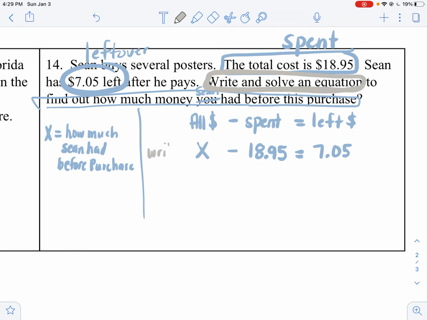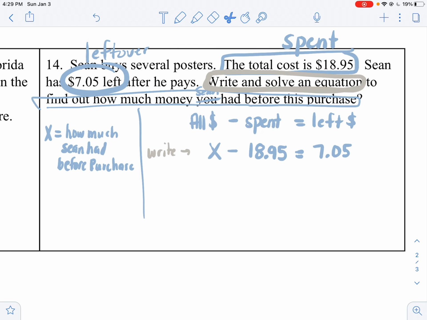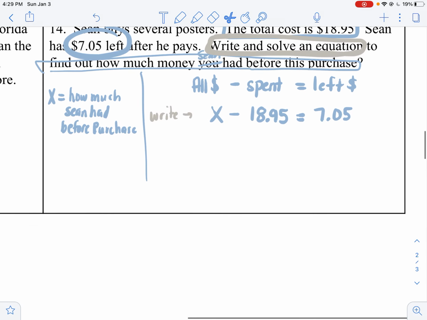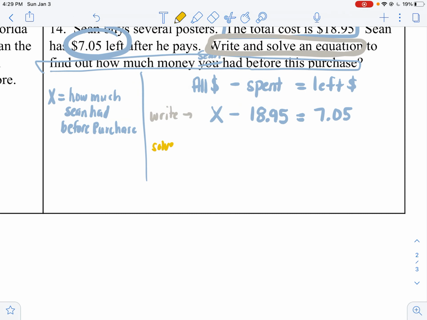So what we did right here was we wrote our equation. X minus 18.95 equals 7.05. Okay? We defined our variable, which is crucial, and I'm going to make sure that we do that every single time. And then we must solve our equation.